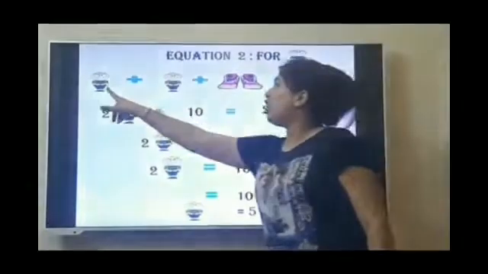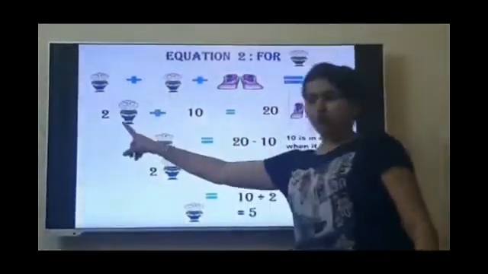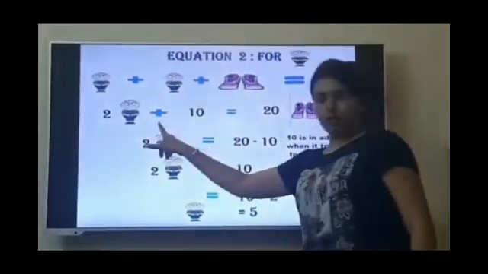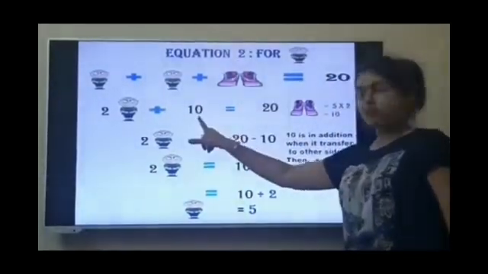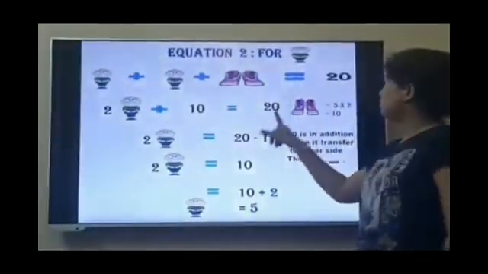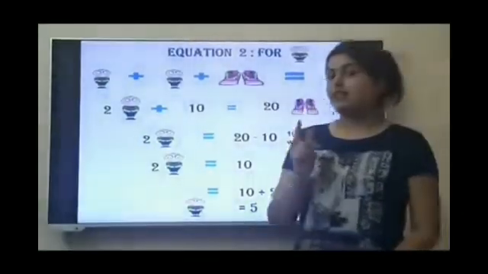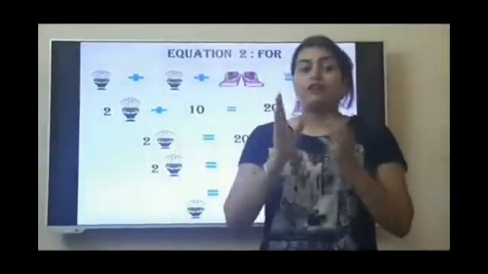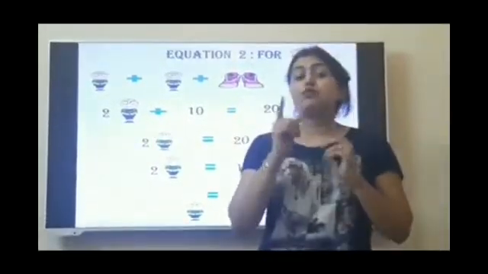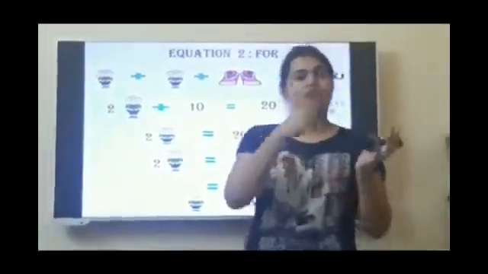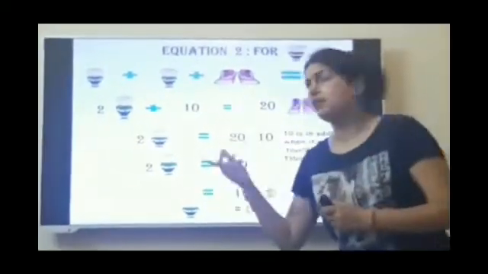Okay students, how many boys are there? 2. So 2 boy plus the value of pair of shoe, 10, is equal to 20. As I explained to you, whenever we have to calculate the value of an image, we have to make it alone by transferring the number to the other side.